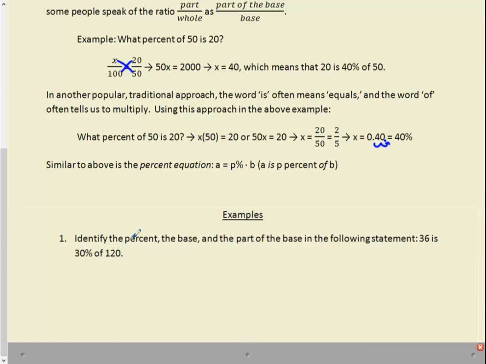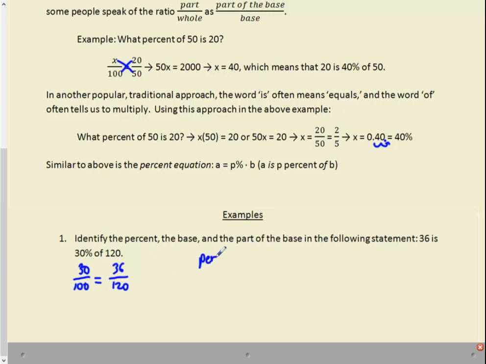In our first example, identify the percent, the base, and the part of the base in the following statement. 36 is 30% of 120, and it might even help you to write this. 30%, you don't have to write this proportion, but it might help. 30%, 36 is, so 36 goes in the numerator, of 120 tells us that 120 goes in the denominator.